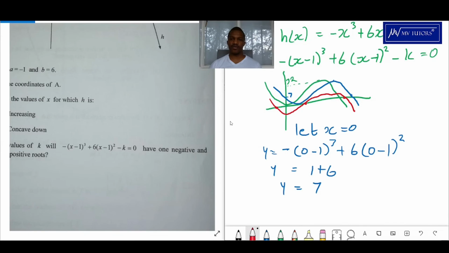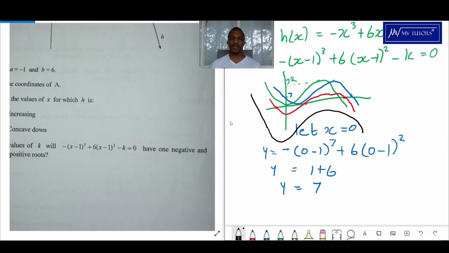But if you move this graph too much, more than 32, what will end up happening is that this graph will lose the turning points there. It will look like this if we move it too much. It's just going to have one negative and no positive roots, so you can't shift it down too much.